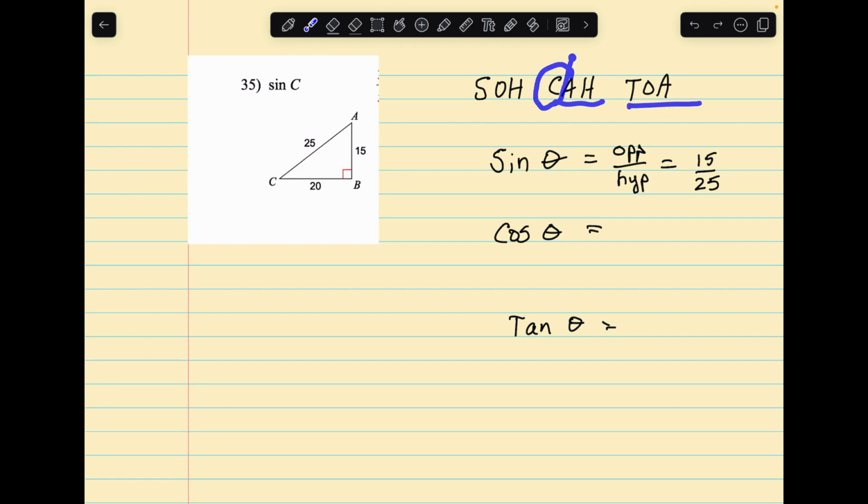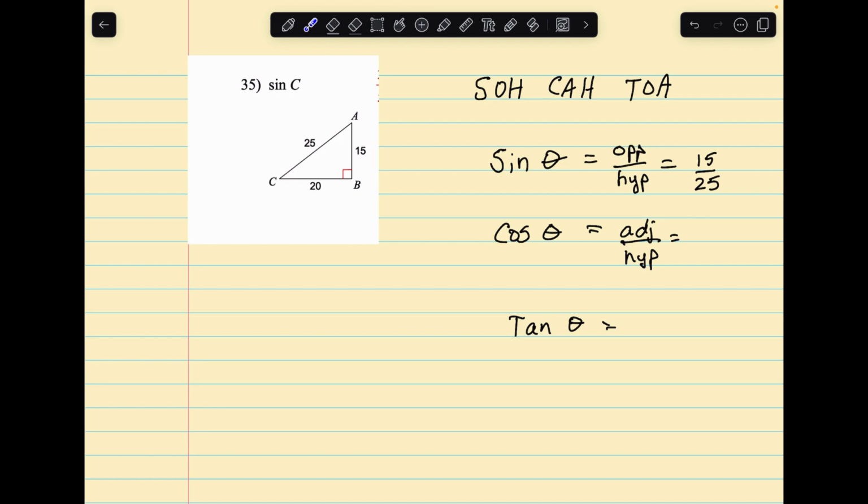For cosine, it's adjacent, and I like to put it as ADJ over the hypotenuse, which is right here. See right there? So, adjacent over hypotenuse. Now, the question is, what is it? Okay, let's see. We're trying to find the cosine of C, which is adjacent over hypotenuse.